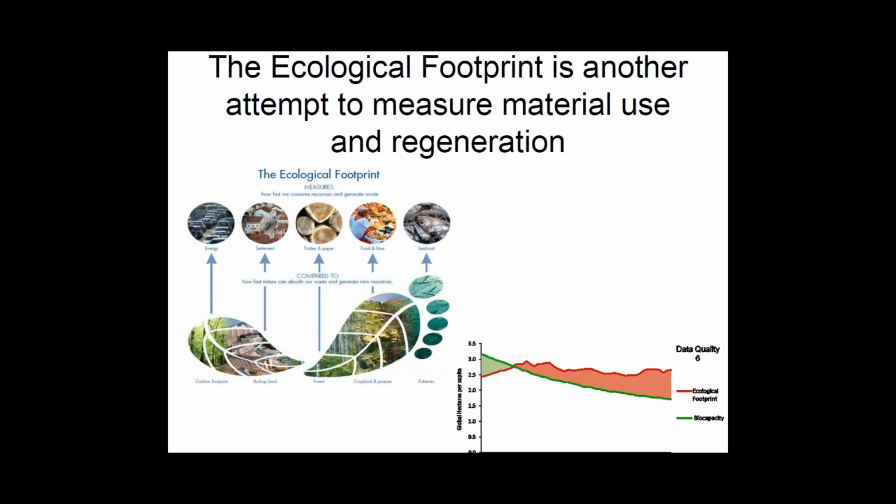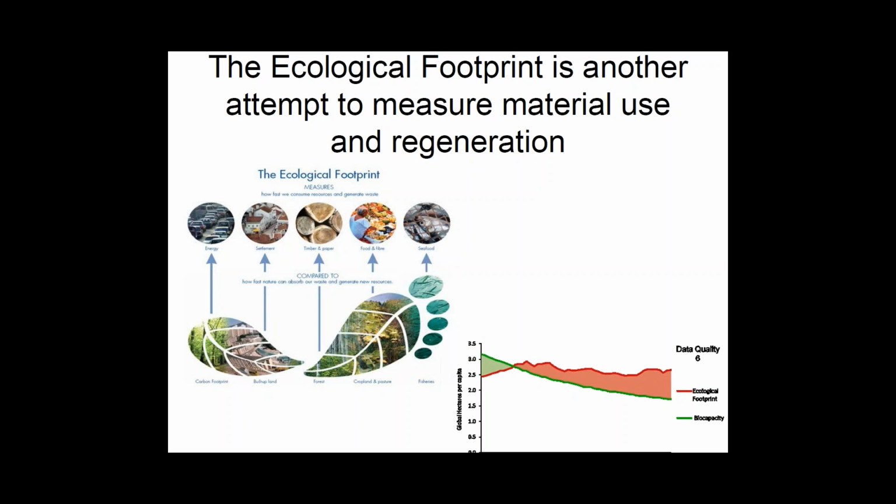Thanks, Erin. So another way of trying to conceptualize our natural resource use, especially in comparison to safe operating limits, is a methodology called the ecological footprint. It's basically another way of viewing this same idea.